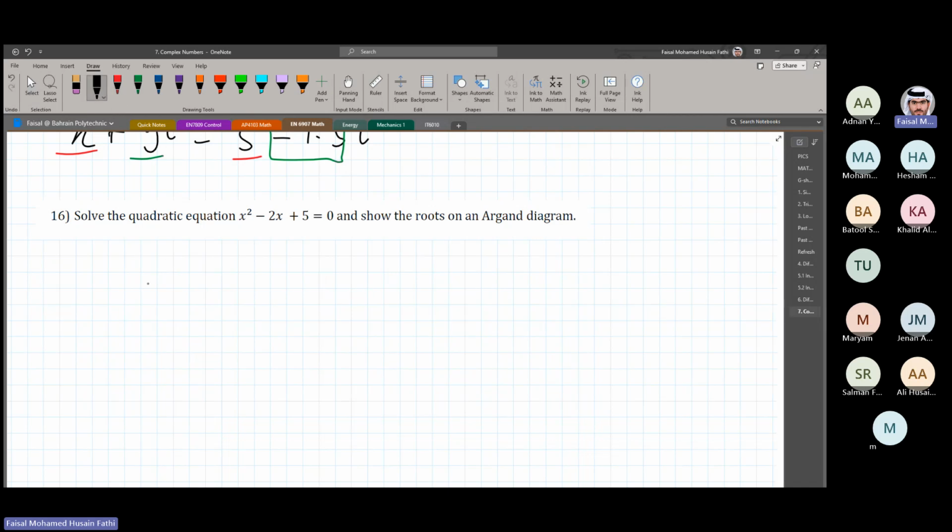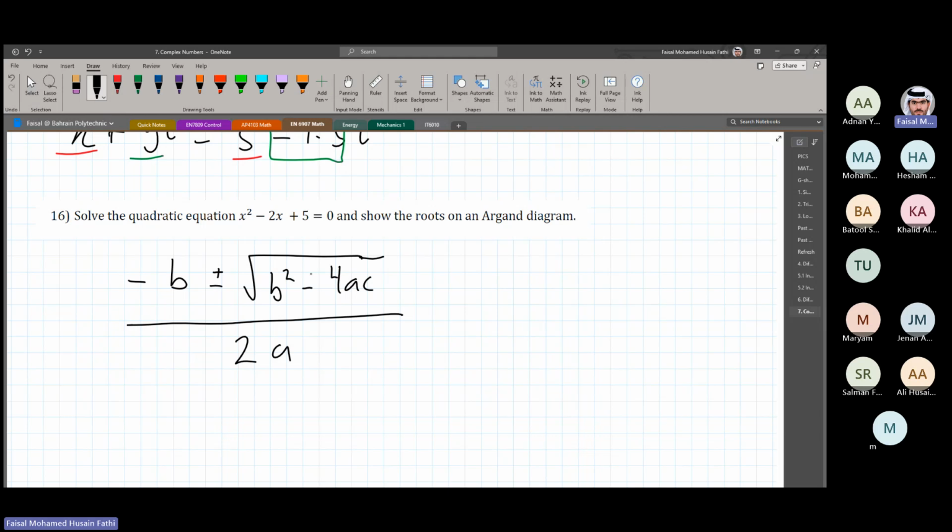Here, if you remember the equation, it's minus b plus or minus the square root of b squared minus 4ac, then over 2a. How does this become imaginary? If under the root there was a negative number. So in this case, the b value for us is minus 2. So minus minus 2 becomes plus 2.